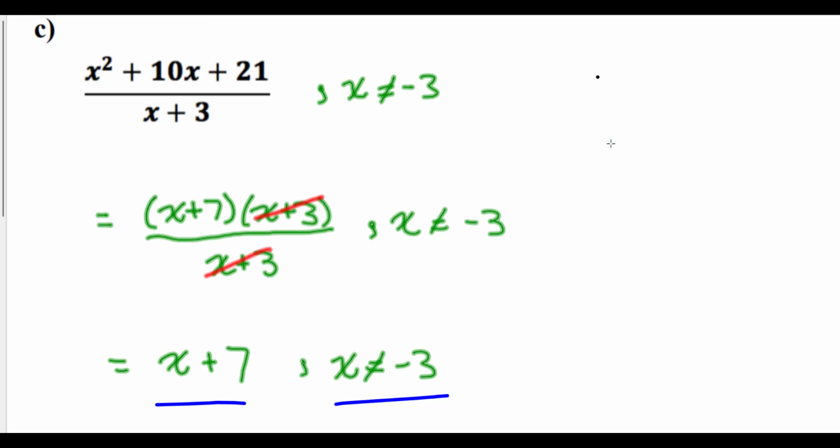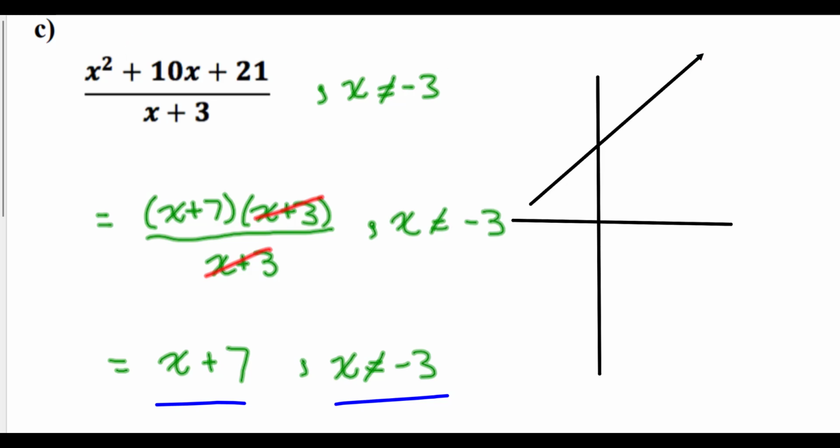Graphically speaking, x plus 7 is just a linear line, because it's just y equals mx plus b. So the slope is 1 and the y-intercept is 7. Grade 9 stuff. y equals mx plus b is just a straight line that goes on to infinity.